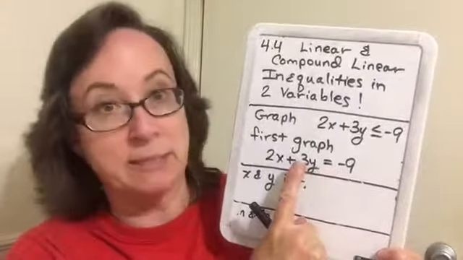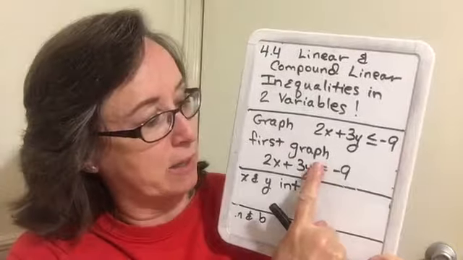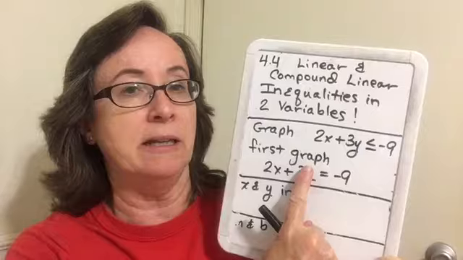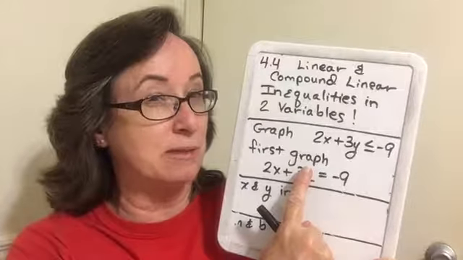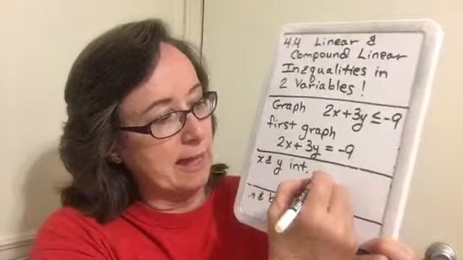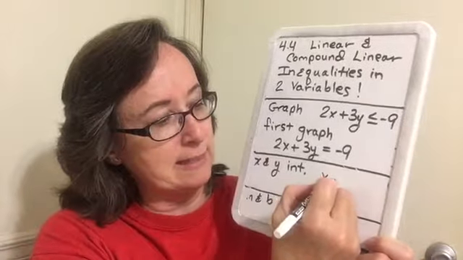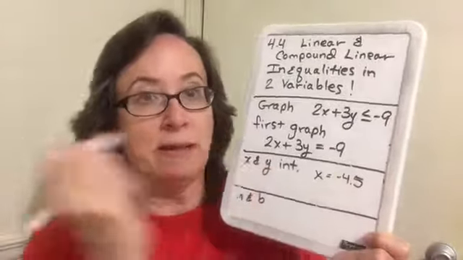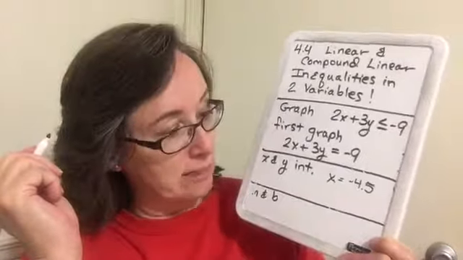Well, we're really doing this one down here. We're doing the equality, aren't we? We're going to cover up the y. 2x equals negative 9, which means that x equals negative 4.5. Okay, so x is negative 4.5, and that will be my x-intercept.